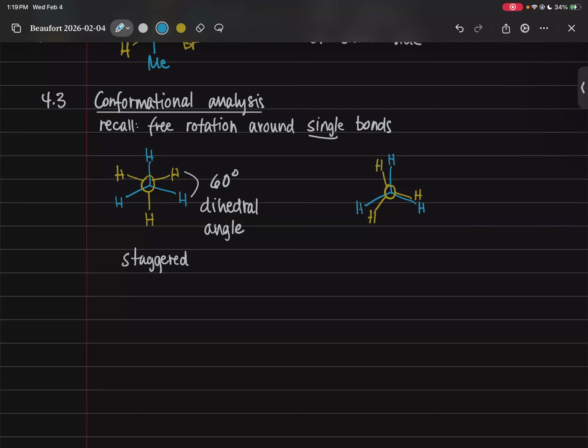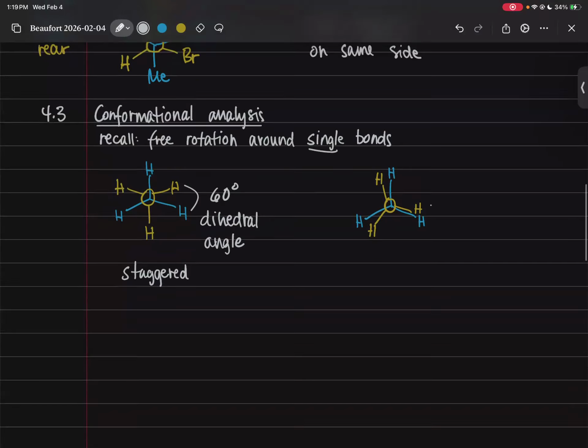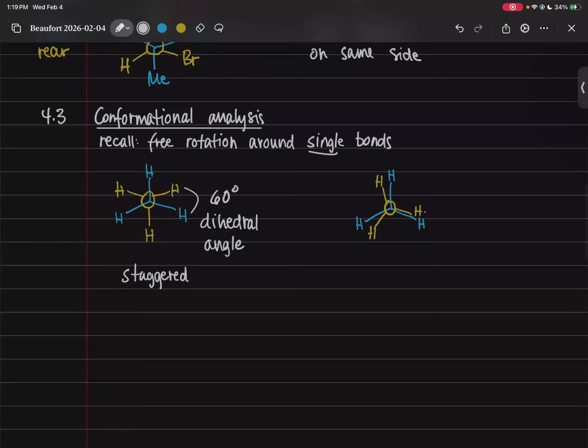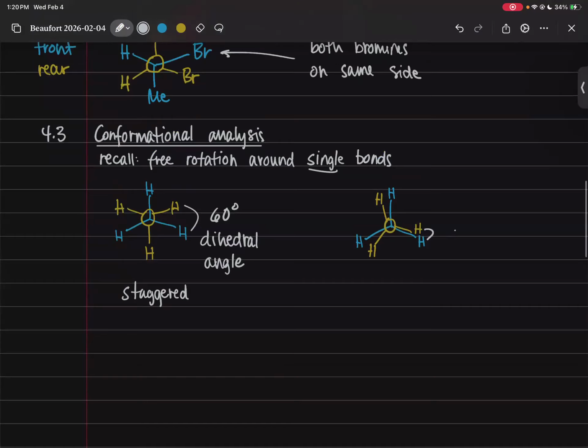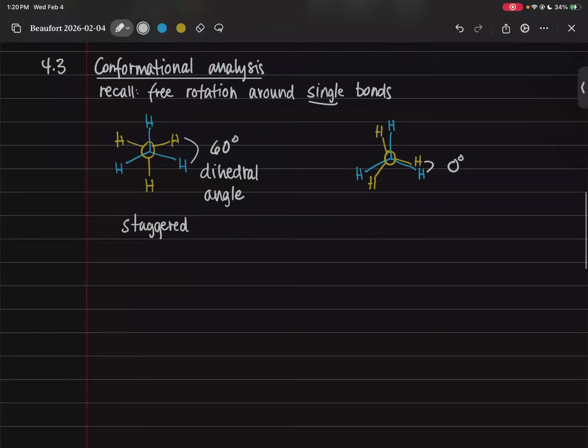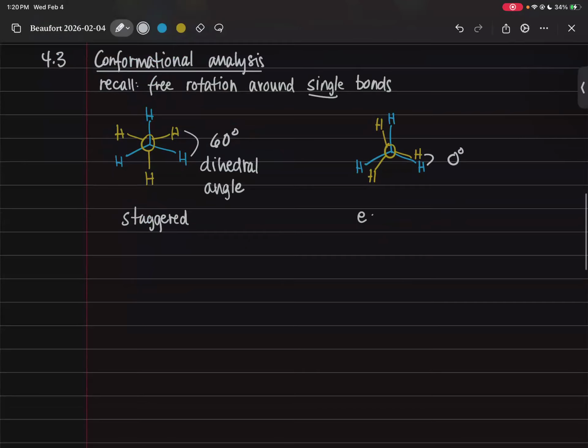But I think we can still see from this diagram that they're pancaked right on top of each other. So now the angle between 2 hydrogen atoms here, if it was drawn perfectly, this would be a 0-degree dihedral angle. And as I said, this is called eclipsed.